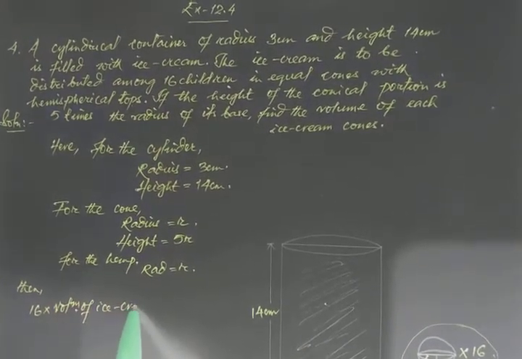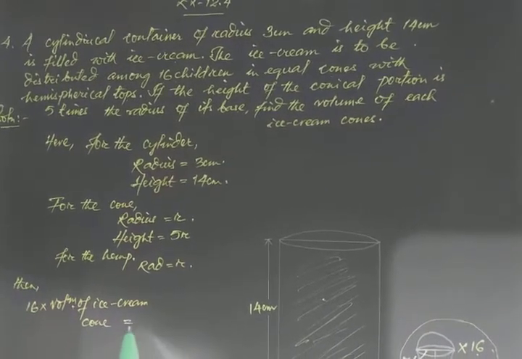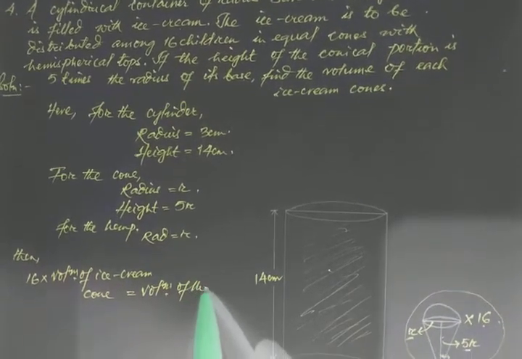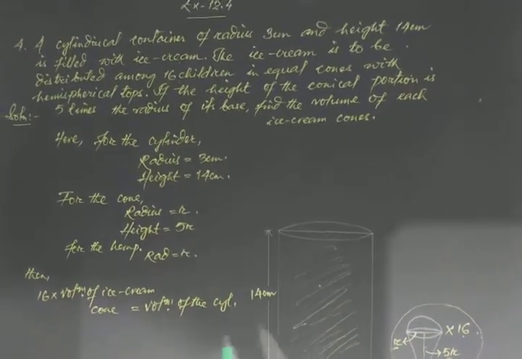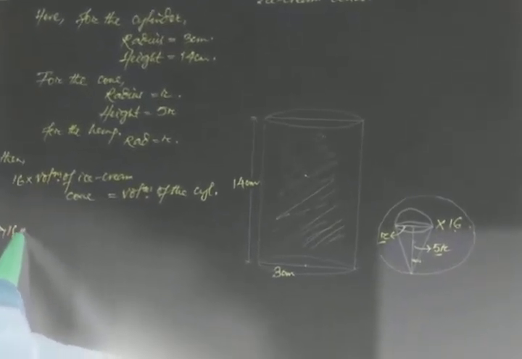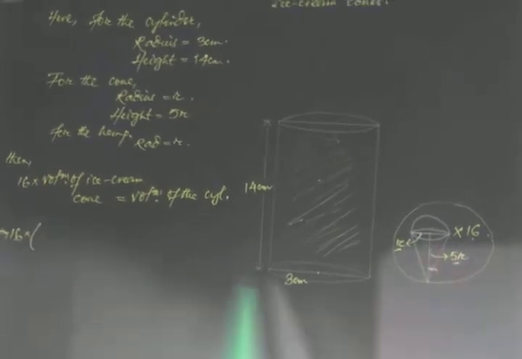Then by the question, as we said, 16 into volume of ice cream cone will be equal to volume of the ice cream in the cylinder. Let's just say volume of the cylinder. Now 16 into volume of ice cream cone means cone plus hemisphere together.